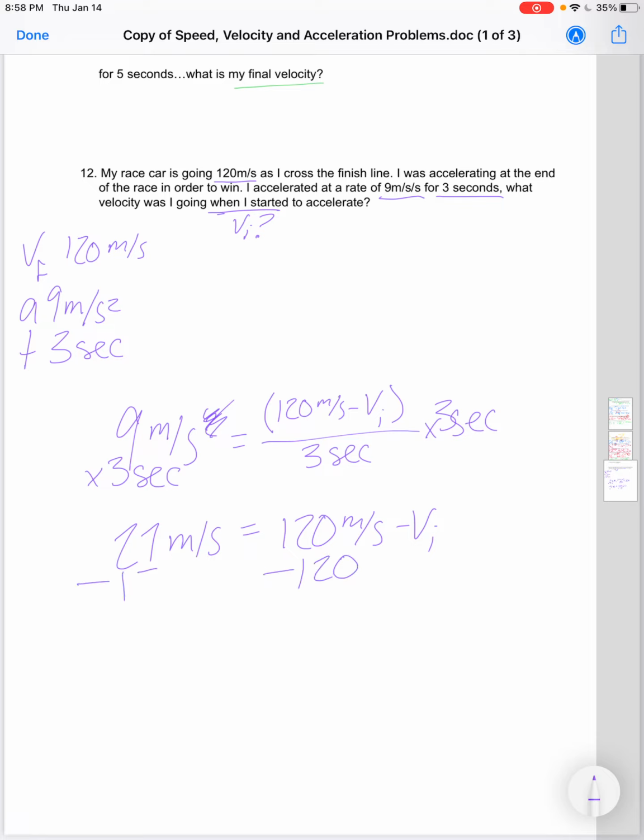So you can subtract the 120. You're going to have negative 93 meters per second equals negative velocity initial. And obviously you have to switch the signs because you have a negative sign in front of an X. So initial velocity, 93 meters per second.